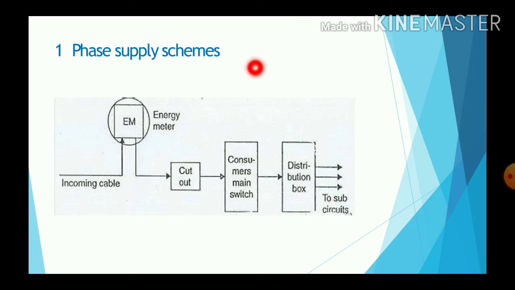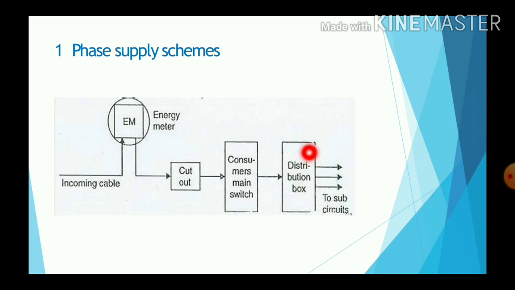Then this is the general arrangement of an electrical installation in single phase supply. See the figure. This is our incoming cable from the supply authority. It is connected to the energy meter, and through a cutout it is connected to the main switch, and from the main switch the connection is to the distribution box.